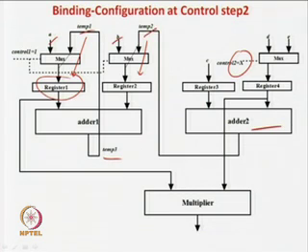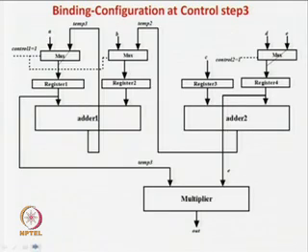Register 3 is only storing C, so no need to bother, and register 4 is storing D in the first time step. But in the third time step, when you go for the multiplication operation, we have already added temp 1 and temp 2 and got the result in temp 3, and then we have to multiply it with E. So E will come via register number 4.